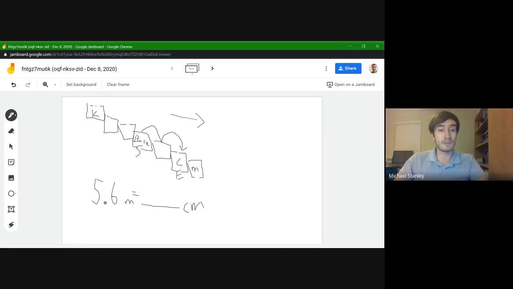So if we take that decimal point and go 1, 2 steps to the right, so after we move that decimal point, how many centimeters are in 5.6 meters? So what is our final answer here after we moved our decimal point 2 spots to the right?